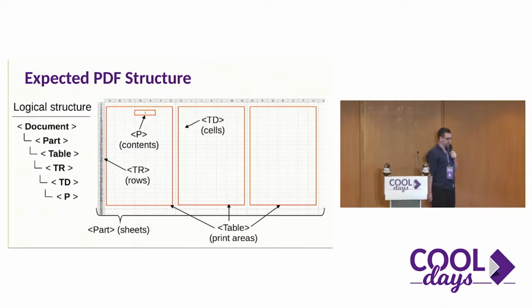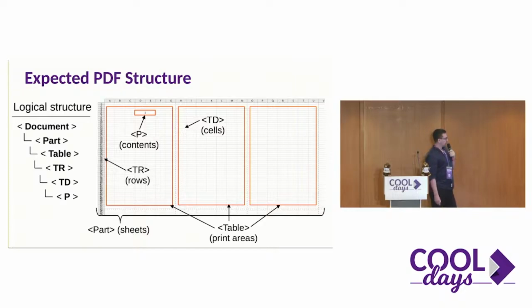In the next slide, we can see what the right logical structure tree looks like. First of all, there is a root element, the document, which represents the workbook. Another one is a part structure element, which represents the sheets, and the document element can have multiple part elements, depending on the number of sheets.